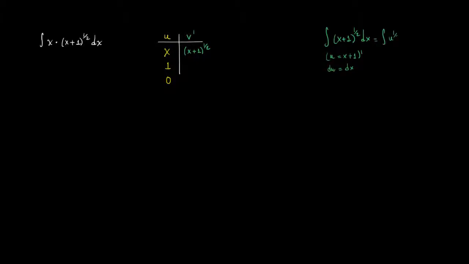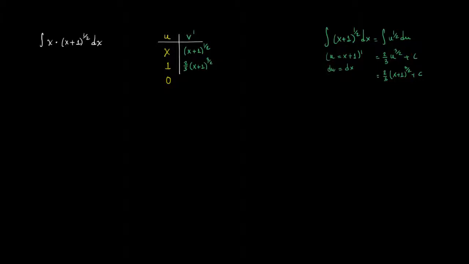So this is u to the 1/2 du, and the antiderivative would be 2 over 3 u to the 3 over 2, plus c. On this table we won't be writing the plus c. We're just going to write the term, which is 2/3 times x plus 1 to the 3 over 2, which is the one I'm going to write here: 2 over 3 times x plus 1 raised to the 3 over 2.